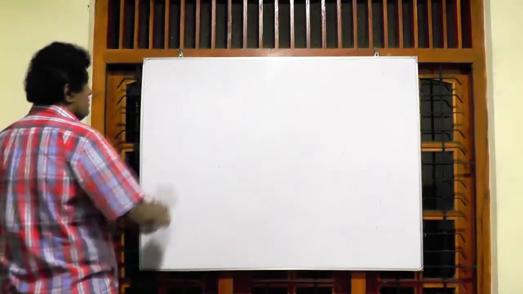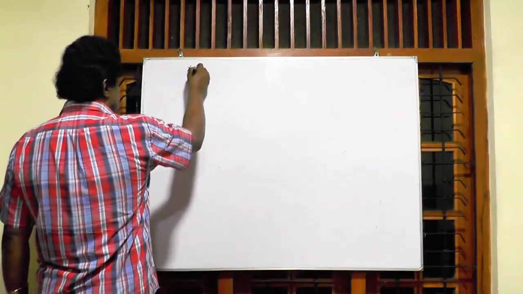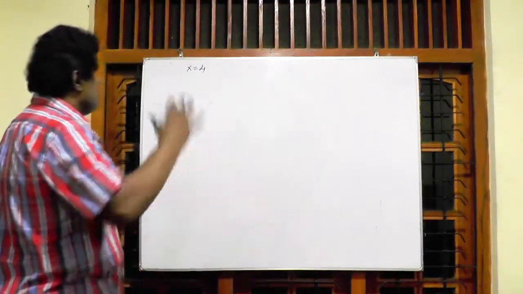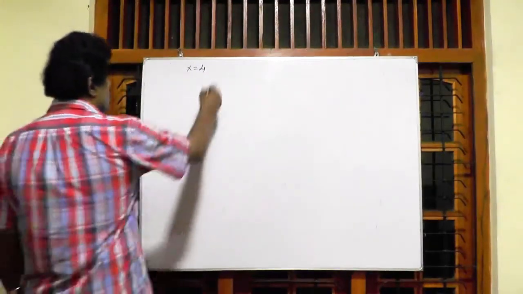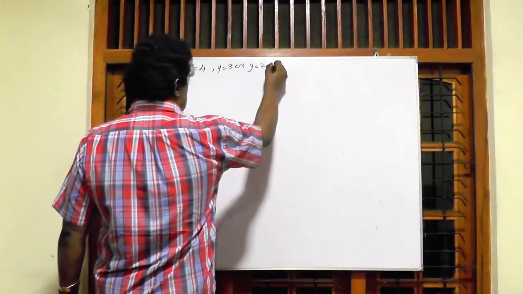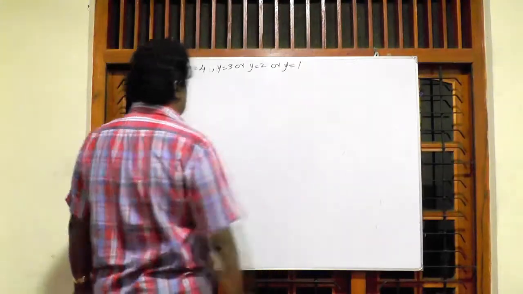Now the third one. If the value of x is 4, what values can be taken for y? y equals 3 or y equals 2 or y equals 1 can be taken.